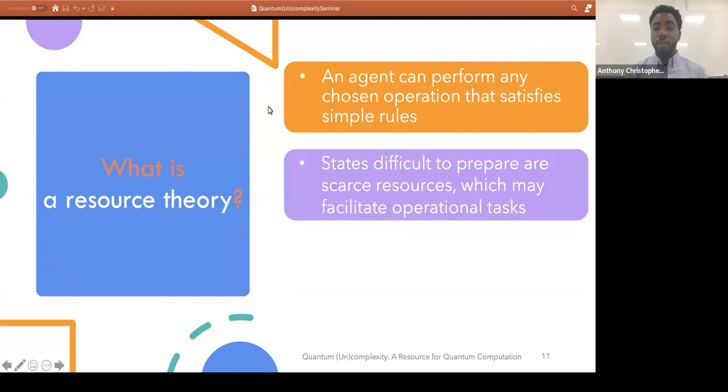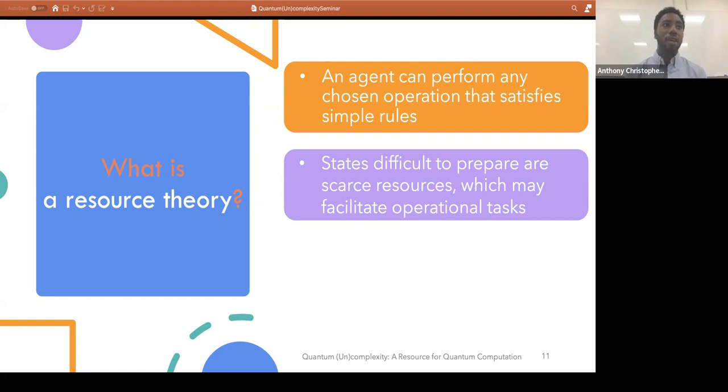The intuition here, however, is that states that are difficult to prepare are scarce resources and can facilitate operational tasks. You can just think of any resources you might want to achieve some task in everyday life. Maybe the easiest you can imagine is just having money in a capitalist economy. I'll give a few examples within physics in the next slide.